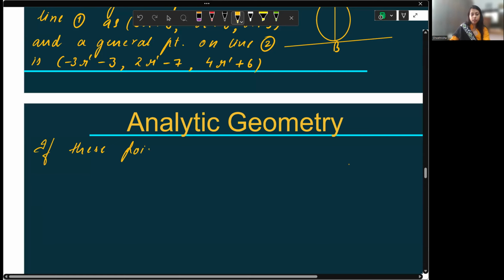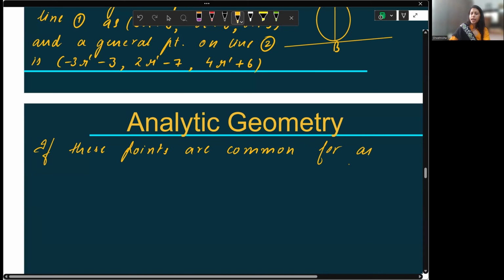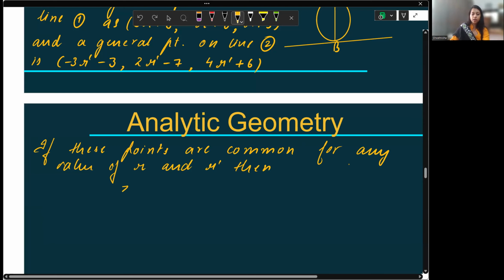If these points are common for any value of R and R dash, then let's try to find it. Then the first component will be the same, which is 3R plus 3.